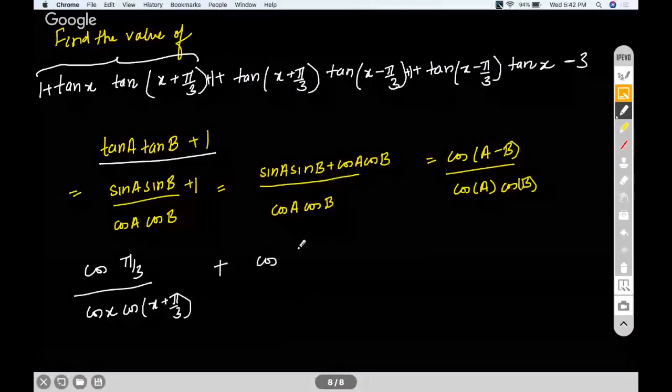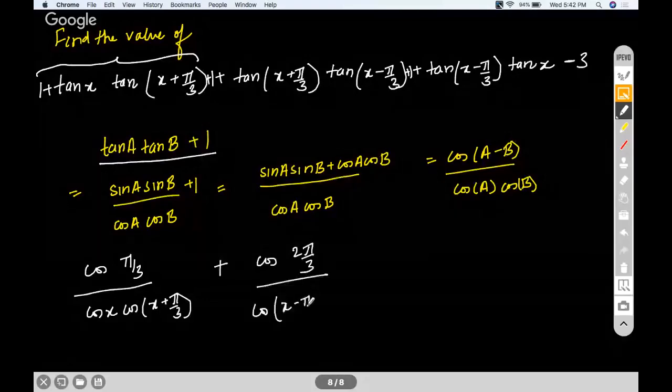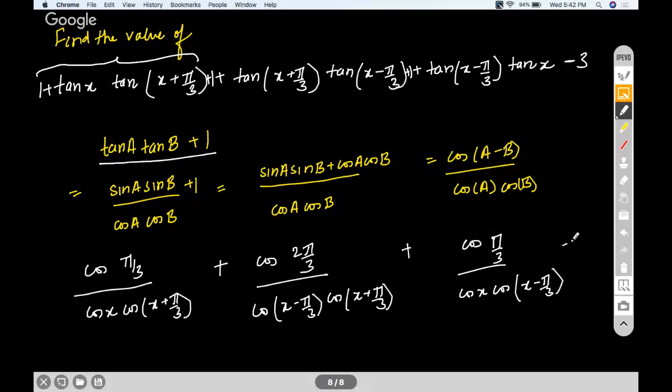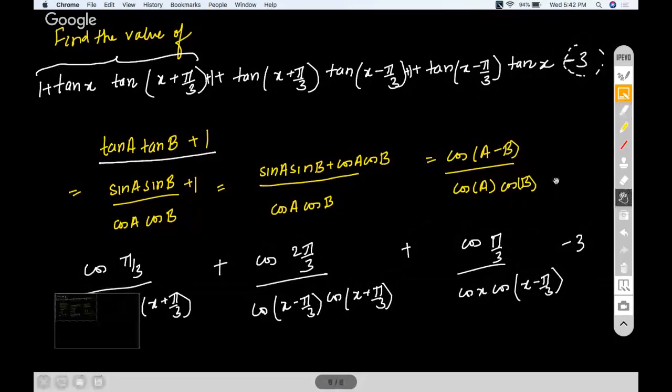And in a similar fashion, this can be written as cos pi by 3 divided by cos x minus pi by 3. And you have a minus 3 outside over here, which is this minus 3.